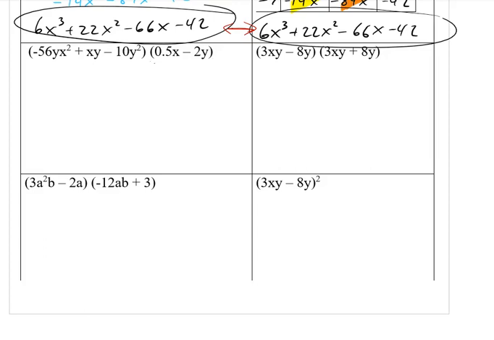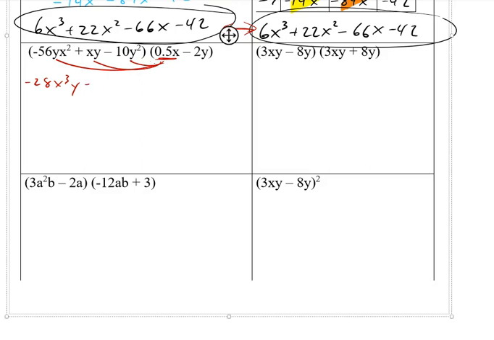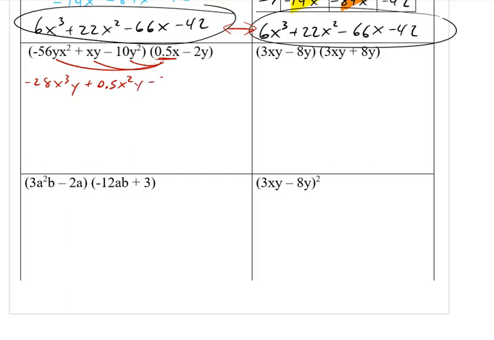So if I take the 0.5x and I multiply to these 3, it's going to give me negative 28x cubed y. I like to keep, you're supposed to keep the variables in order from alphabetical order, plus 0.5x squared y minus 5xy squared.